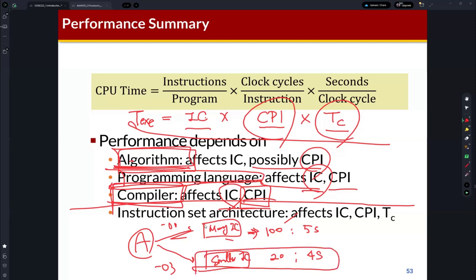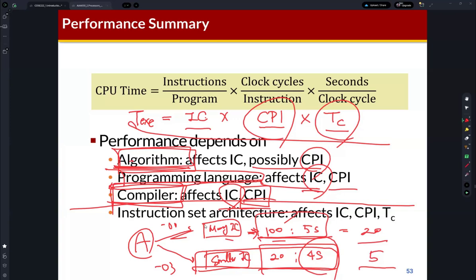So we know this option is better, which means the execution time is lower. But we can compare the number of instructions per second. What is the number of instructions per second? In this case, it's 20, and in this case, it's 5. Do you understand?